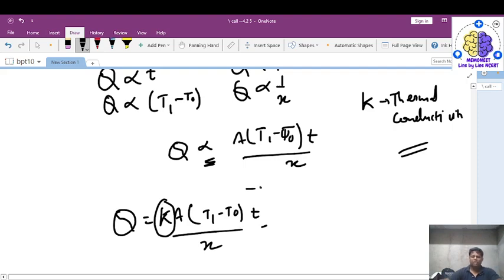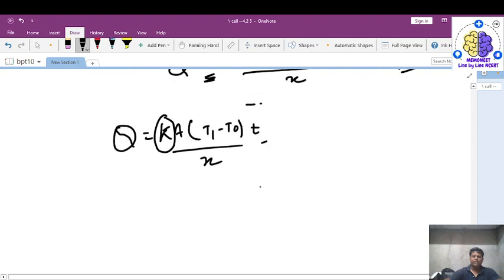Now, if I move this t to this side, it becomes Q upon t, that is the rate of flow of heat, which will be equal to K A upon x into T1 minus T0.